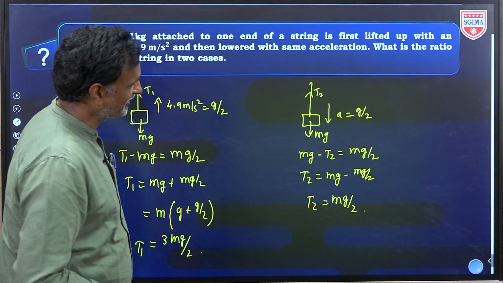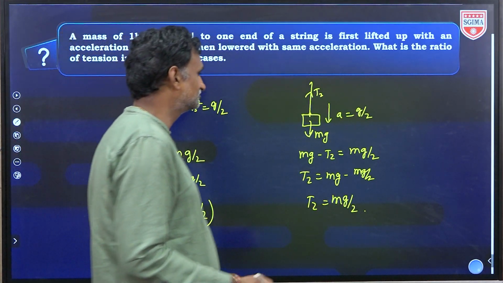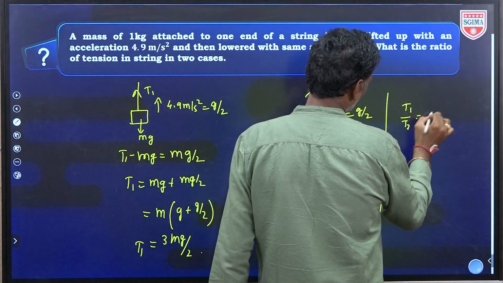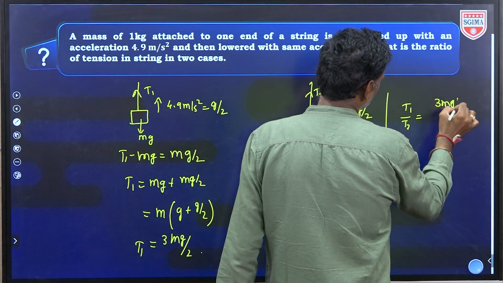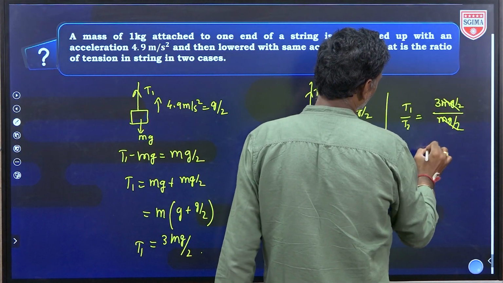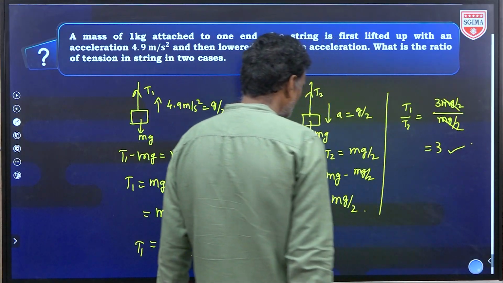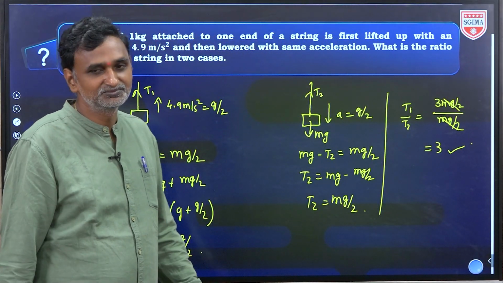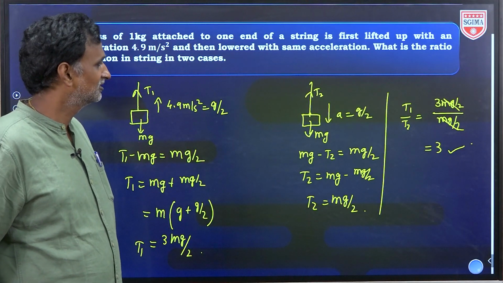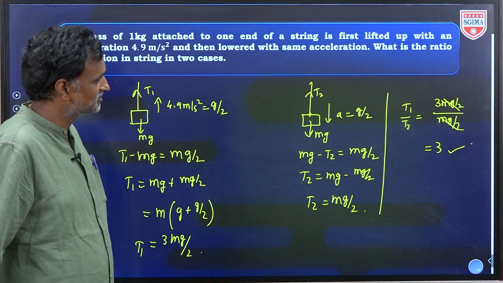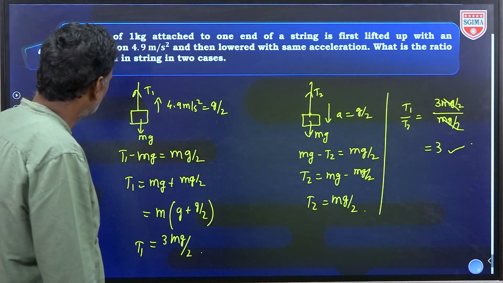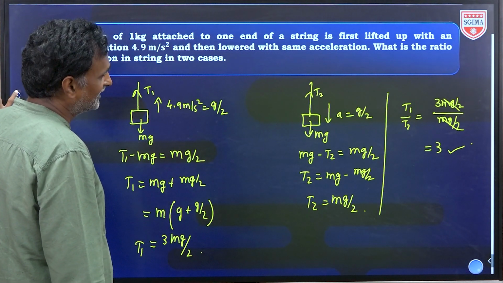So they are asking the ratio T1 by T2. That is finally T1 upon T2 equals 3 mg by 2 divided by mg by 2. mg by 2, mg by 2 cancel, then the answer will be 3. Okay? So this is the way of solving the question in this manner by using the apparent weight concept. Let us move on to the next slide.